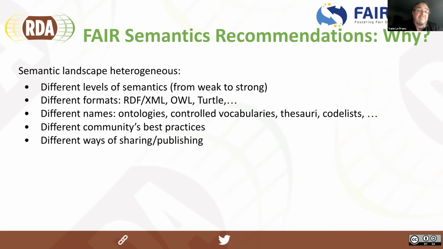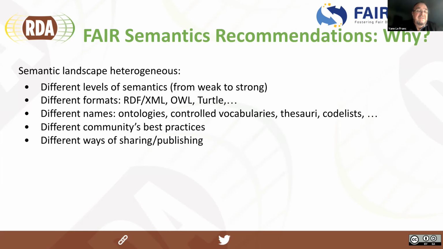The semantic landscape is quite heterogeneous, right? There are different levels of semantics from weak to strong, going from code lists to formal logic ontologies. There are different formats that are used. There are different names used for similar artifacts: ontologies, controlled vocabularies, and so on.